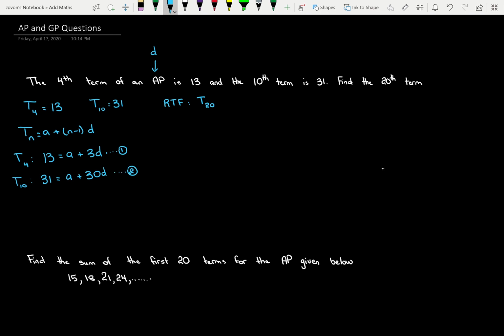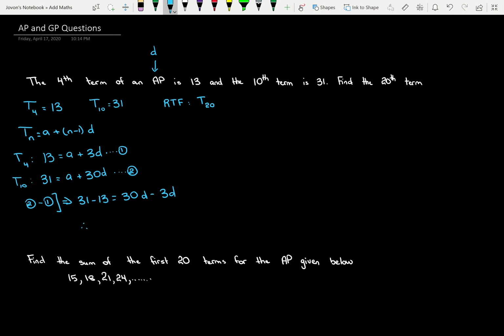If we do equation 2 minus equation 1, what we will get is 31 minus 13 is equal to, notice the a's will cancel because we get a minus a, 9d minus 3d.